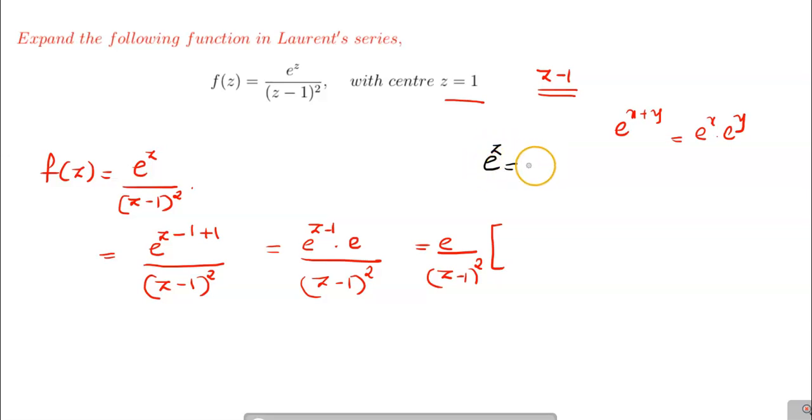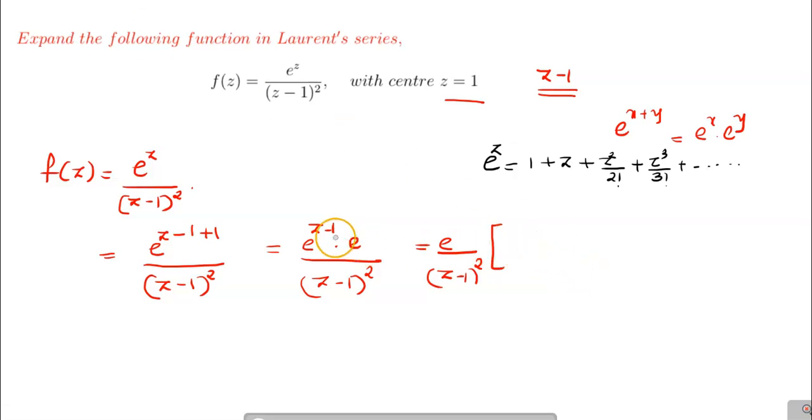e raised to z is 1 plus z plus z square by 2 factorial plus z cube by 3 factorial plus etc. This is the expansion of e raised to z.